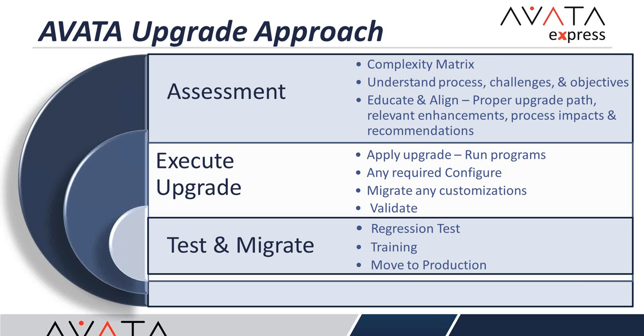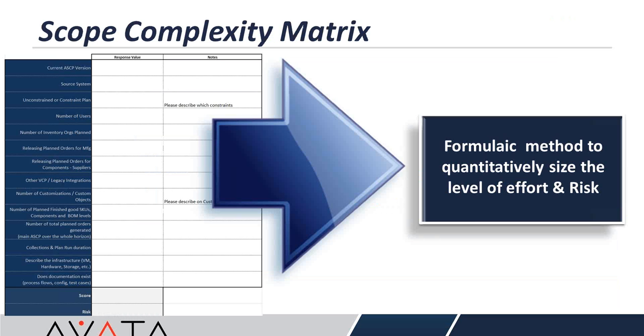Our approach is pretty common sense. We will do an assessment, and then from there we will execute the upgrade and then test and migrate. And obviously we have an entire plan on how we go about that. The key thing in the assessment is we want to understand your challenges, understand your objectives, and make sure we align and educate properly.